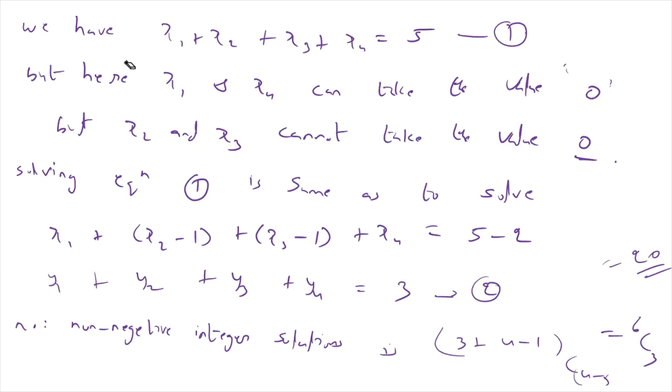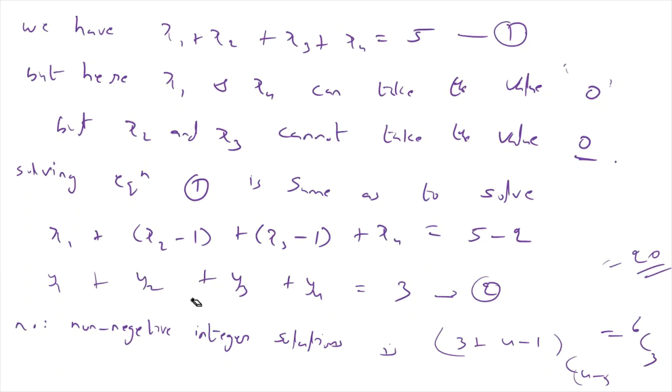So I cannot apply number of non-negative integer solutions for this equation, nor can I apply number of positive solutions. So I am rewriting this equation like this. After rewriting I will have this equation, for which I can apply number of non-negative integer solutions. If y2 is equal to 0, then x2 minus 1 is equal to 0, that means x2 is equal to 1. So even if y2 is equal to 0, x2 cannot be 0.